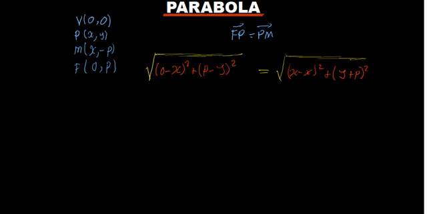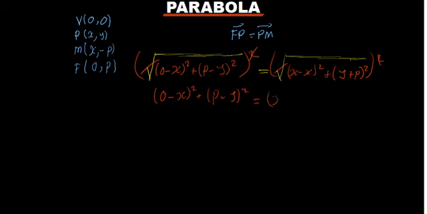At this stage you have to square both sides to get rid of the square roots. So that will go and that will go. What you're going to remain with is (0 minus x) squared plus (p minus y) squared is equal to (x minus x) squared plus (y plus p) squared.